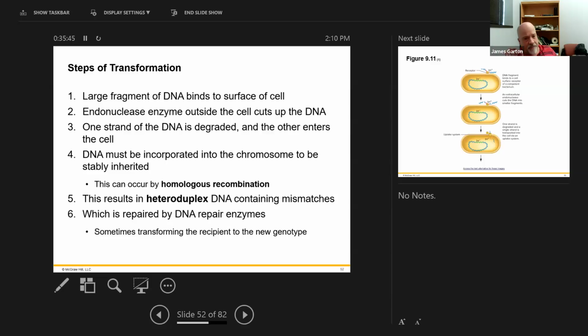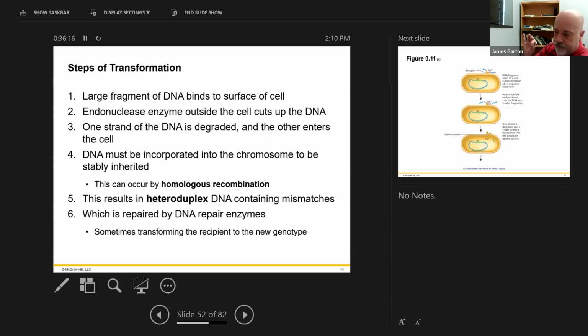That other strand must be incorporated into the chromosome to be stable. The ideas about how this happens are kind of hand waving. We think something called homologous recombination is involved. This results in DNA that has mismatches. DNA repair enzymes detect those mismatches, and they fix those mismatches.